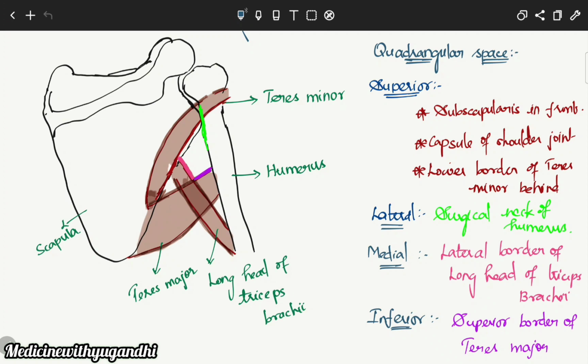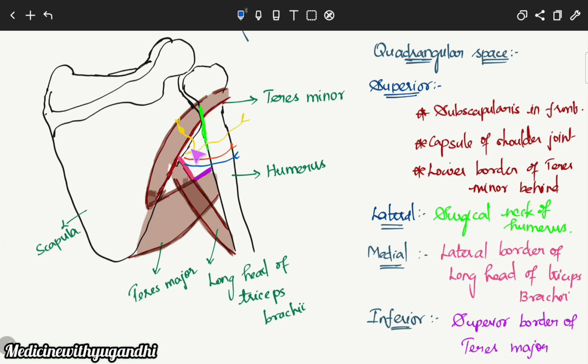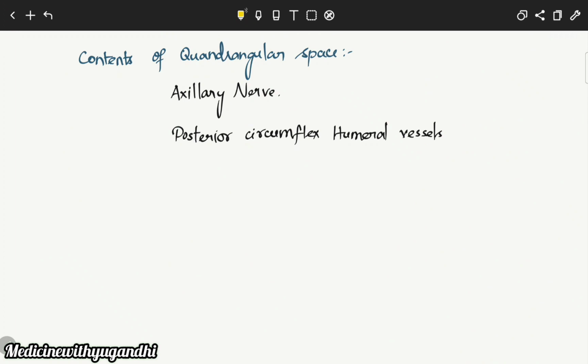Now coming to the contents of the quadrangular space. The contents are the axillary nerve, which ends as a pseudoganglion in the teres minor muscle, and also the posterior circumflex humeral vessels. Again I am repeating, the contents are the axillary nerve and the posterior circumflex humeral vessels.